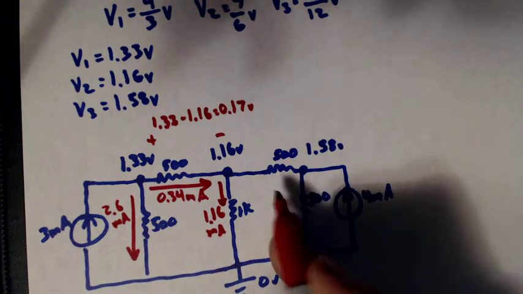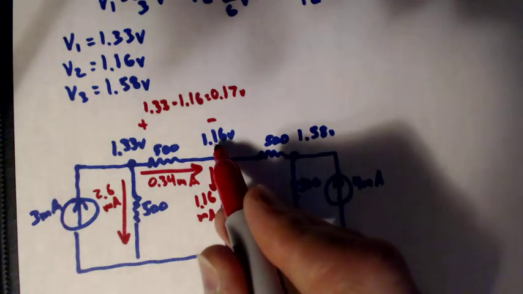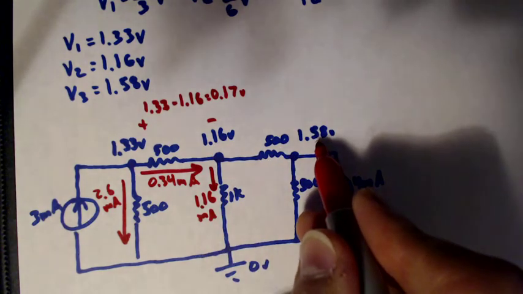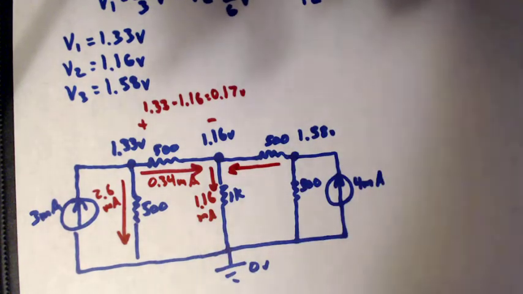Again, this next one, current always goes from a higher voltage to a lower voltage. So over here, 1.58 is larger than 1.16. So the actual current's going that way.